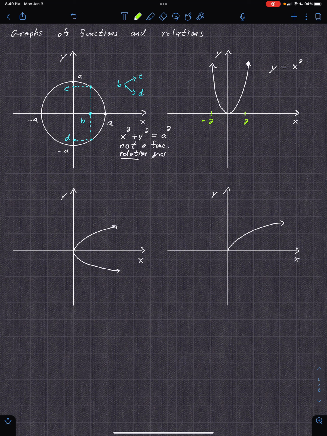You can also use function notation, but when you square 2 or negative 2, it corresponds to 4. Does that define a function?